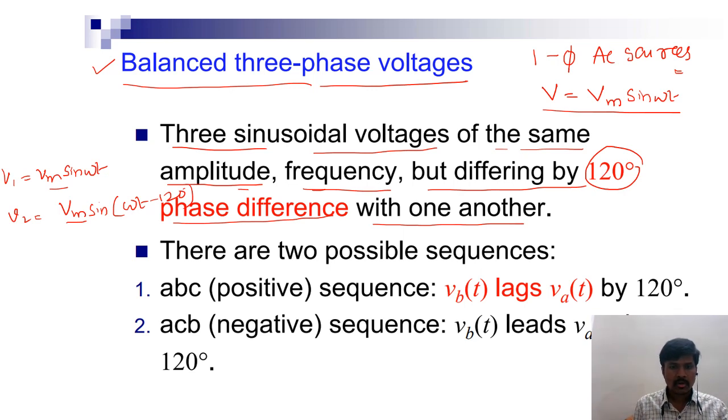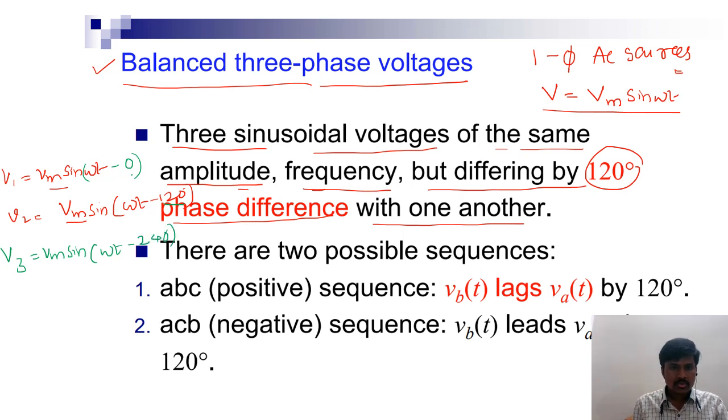Let us write the other one. V3 is equal to Vm sine of omega t minus 240. Let us say this is 0 degrees; from 0 to 120 degrees displacement, and from 120 to another 120 you get 240 degrees.